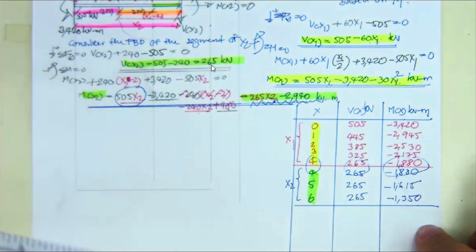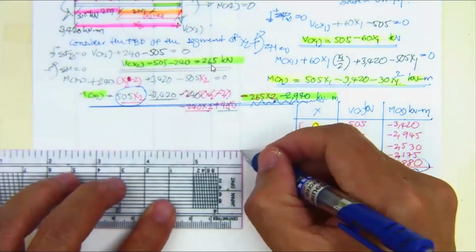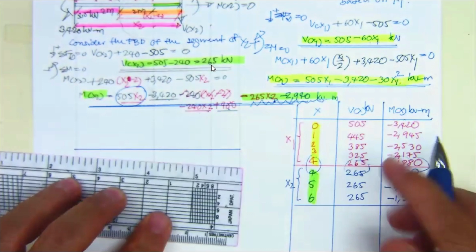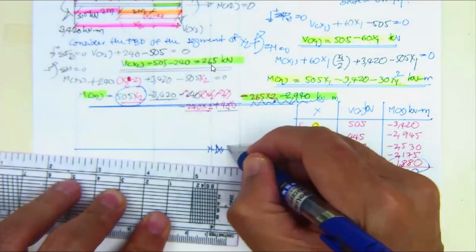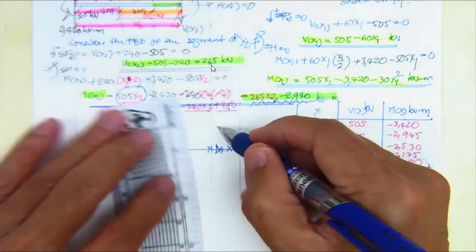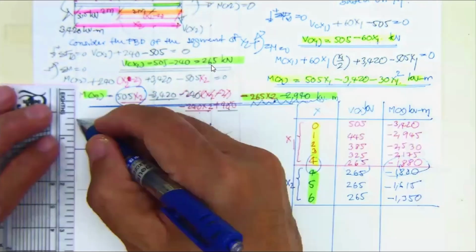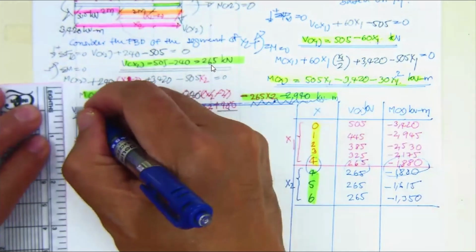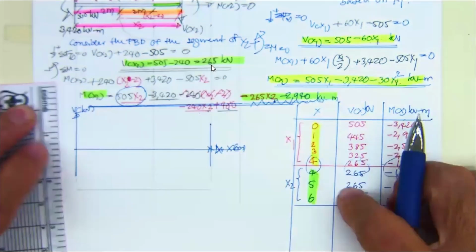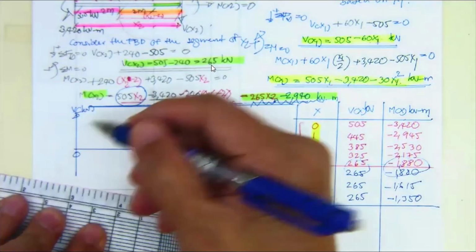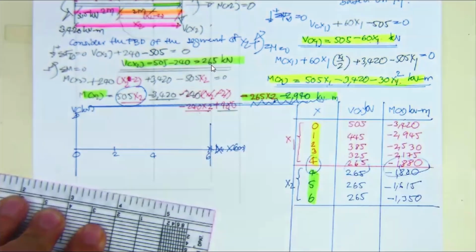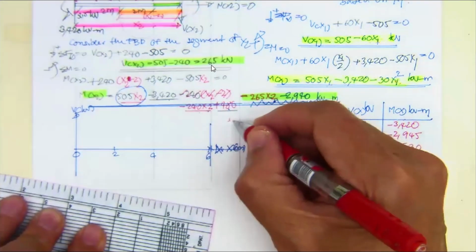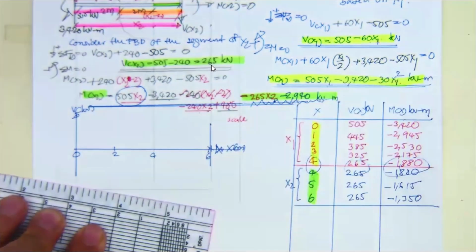Now, come to the shear diagram. This is going to be your x in meters, and then you start from here. This is in kilonewton, and this is 0, this is 2, this is 4, this is 6. Now you got to put a scale.